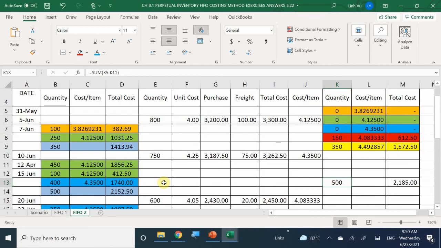So it really depends on which kind of product you sell to your consumers, but it also depends on what method makes it easier for you to calculate.